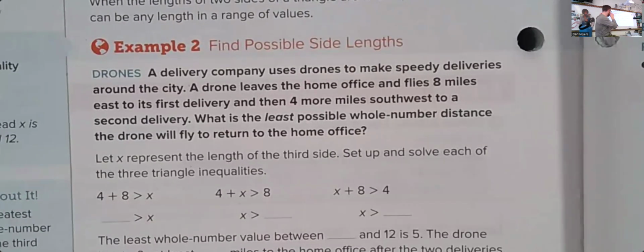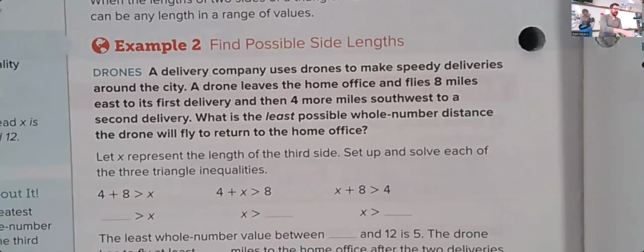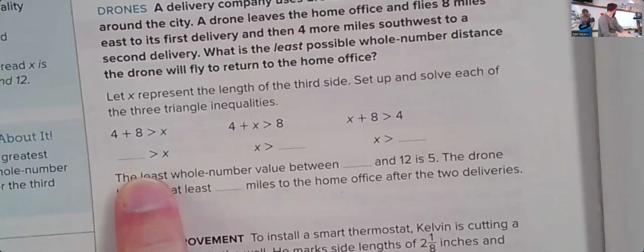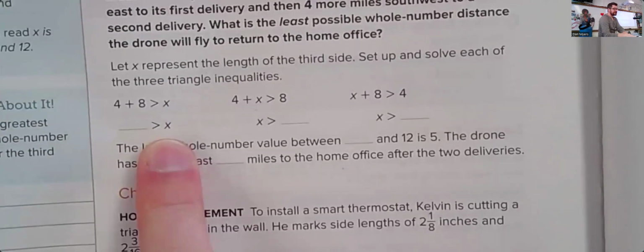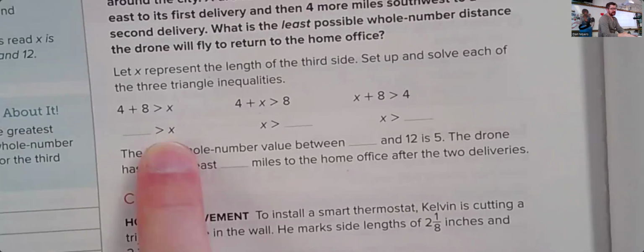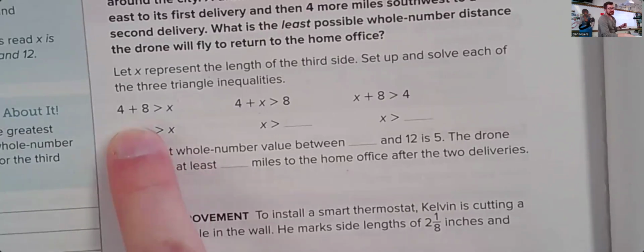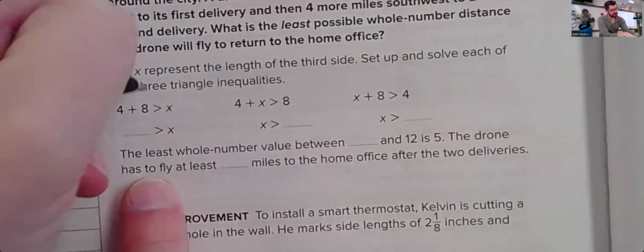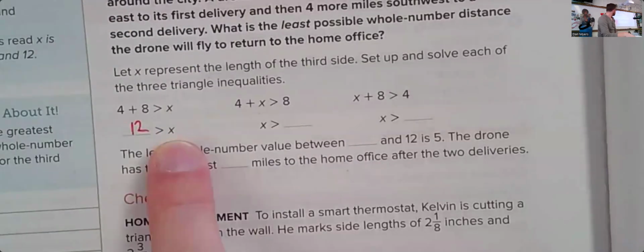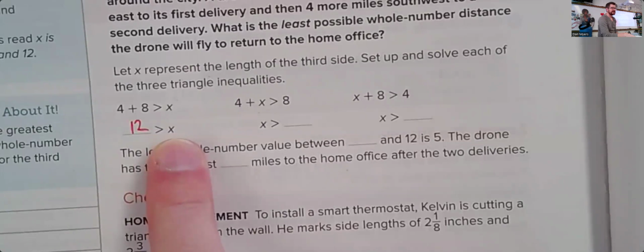What we do know is that if x is the longest side, then x has to be less than the sum of 4 plus 8. 4 plus 8 is 12. So if x is the longest length, x needs to be less than 12.